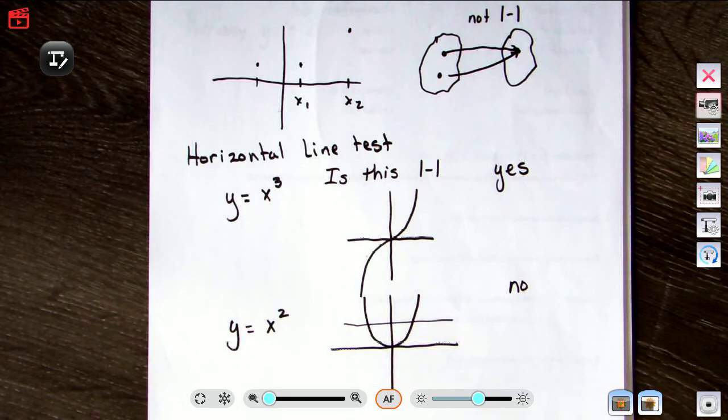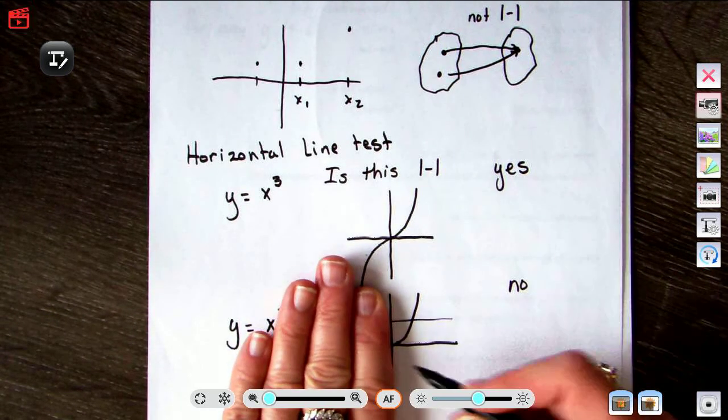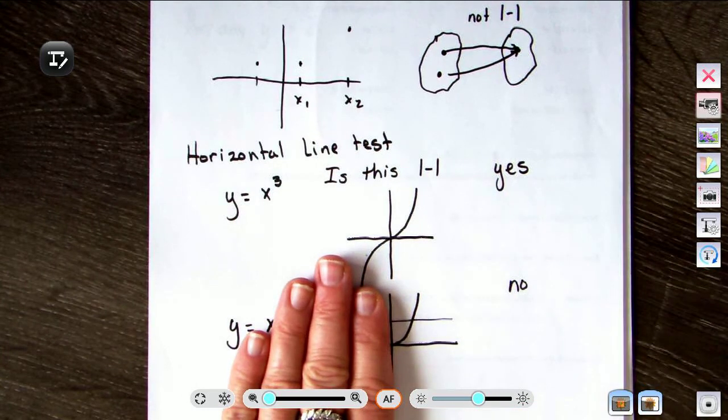Sometimes we will still look at these when we go to the next step, but we will restrict where we look. So we'll look at a piece that is one-to-one. We'll maybe just look at that part, so we can say this portion of that x squared function is one-to-one, and it does pass that horizontal line test. So then we can look at what our next step is.